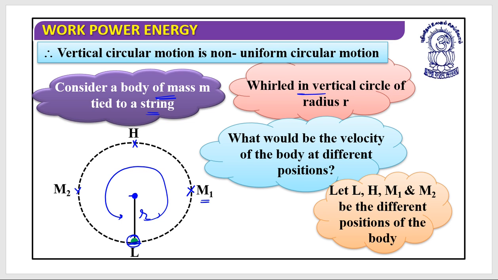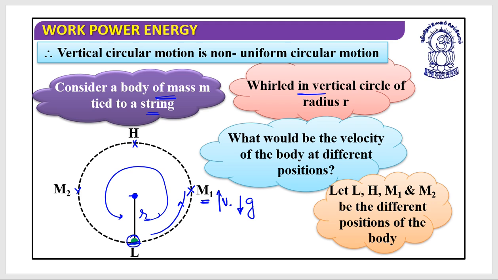As the body moves in this direction on the vertical circle, it is driven by the gravitational force. Its direction of motion is upward, while the acceleration acting on it, the acceleration of gravity, is downward. If the direction of motion and the direction of force are opposite to each other, the speed is going to be reduced.